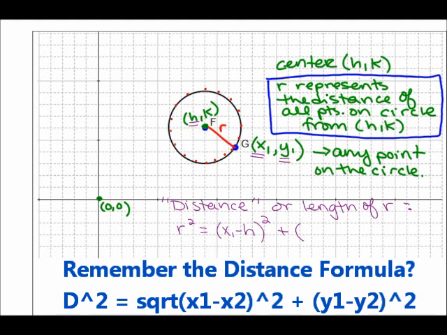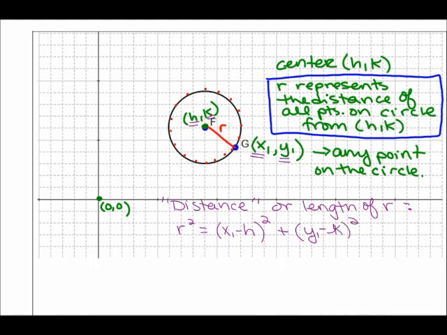So y1 and k, we need that difference squared. Sort of like Pythagorean, same thing as distance formula that we've been doing all year long. And now you look, this is exactly the equation of our circle. You don't have to take the square root of both sides to solve for the radius. This is our standard form.